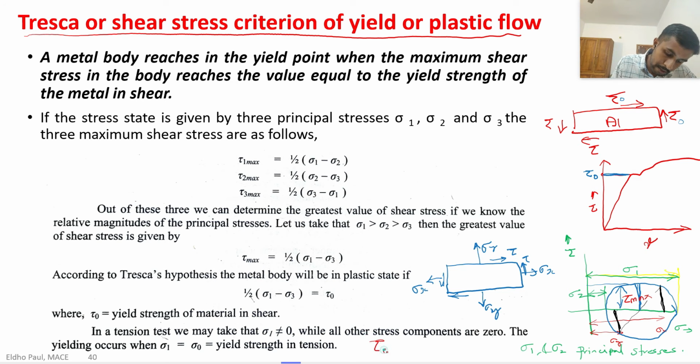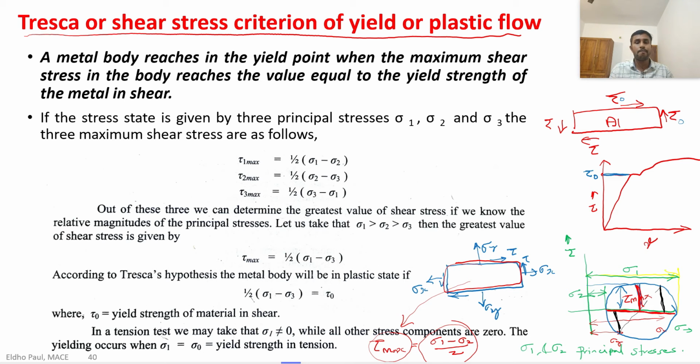Tau maximum is actually the radius of the Mohr circle, which is equal to sigma 1 minus sigma 2 divided by 2. Sigma 1 minus sigma 2 is the diameter of the Mohr circle, and the diameter divided by 2 is the radius, which is equal to tau max. So the maximum shear stress developed in this body under this complex loading condition is equal to sigma 1 minus sigma 2 divided by 2.